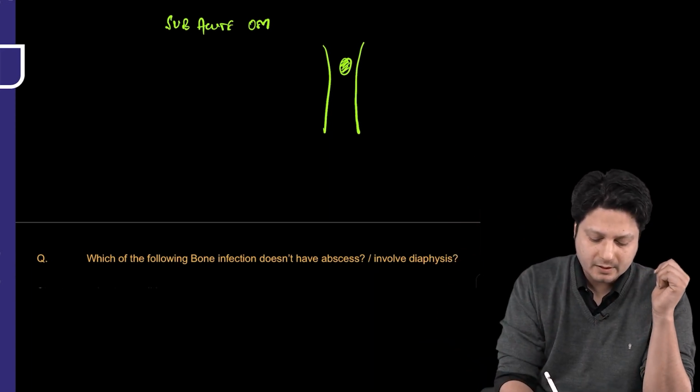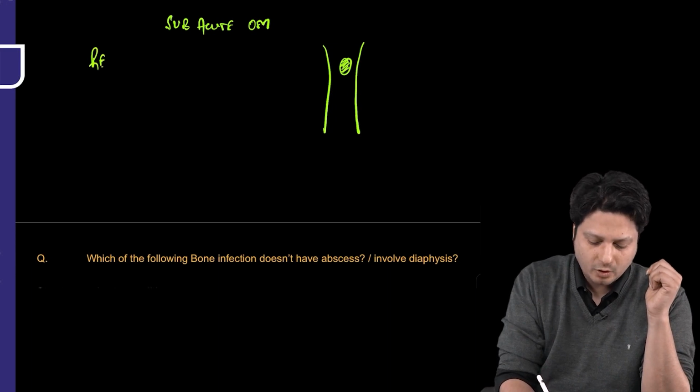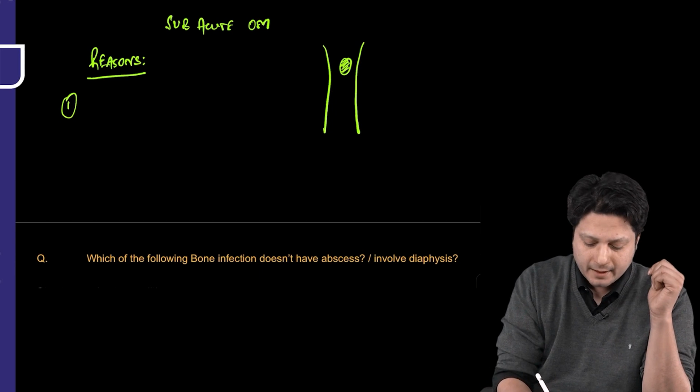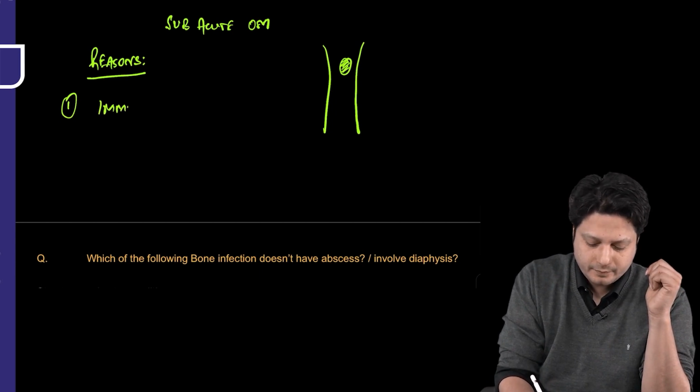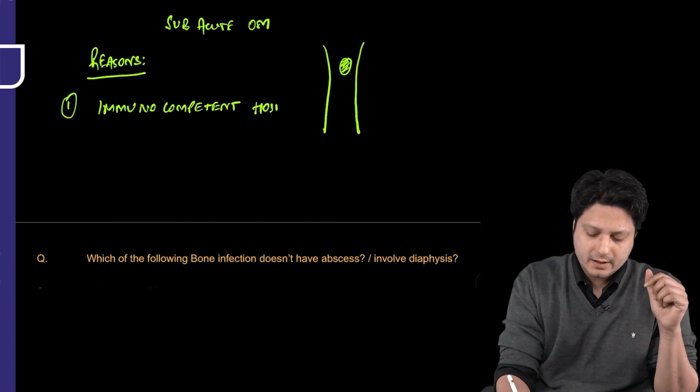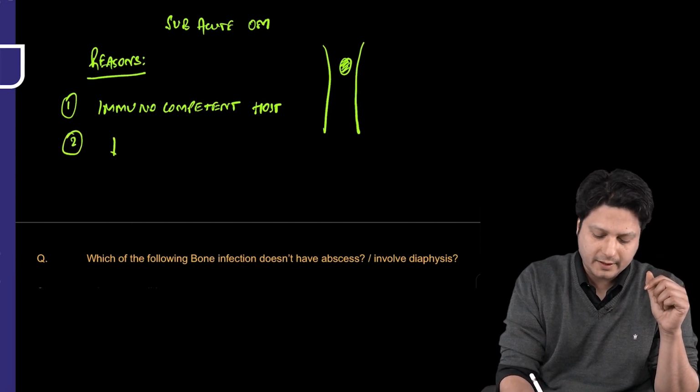So what are the causes for this subacute osteomyelitis? One potential cause is that the host is immunocompetent, and the second one is less virulence, or decreased virulence, of the organism.